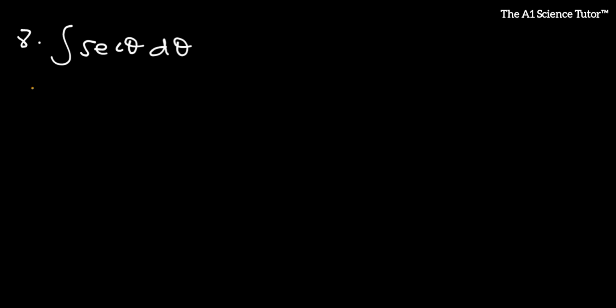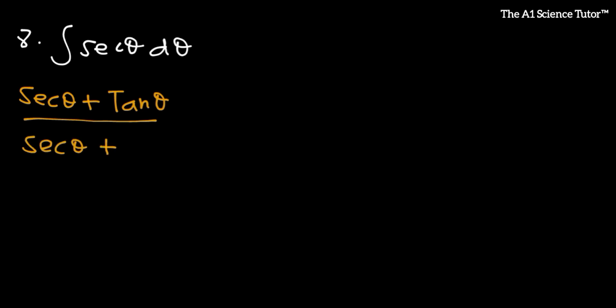I would actually use this form, secant theta plus tan theta divided by secant theta plus tan theta. Now you know that this is actually equal to 1, right?